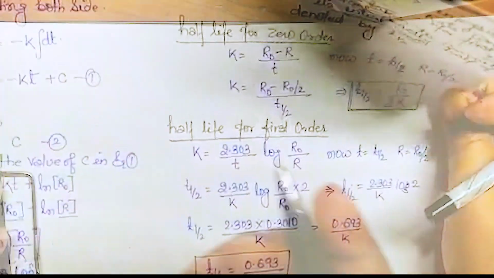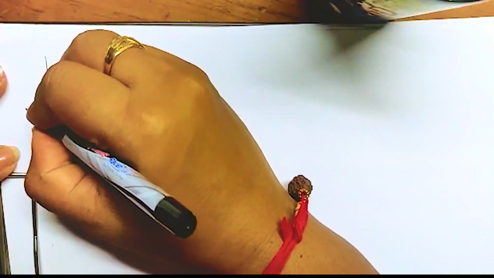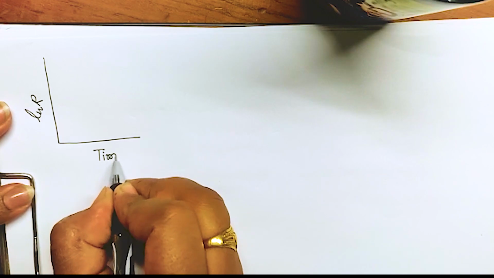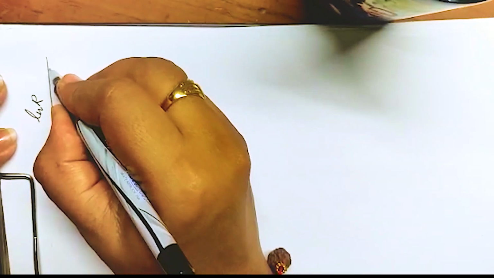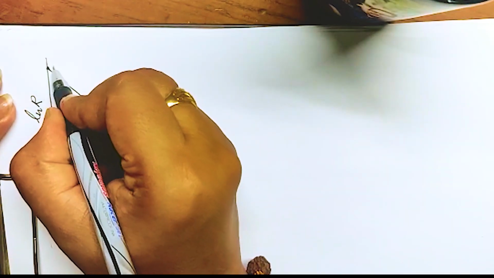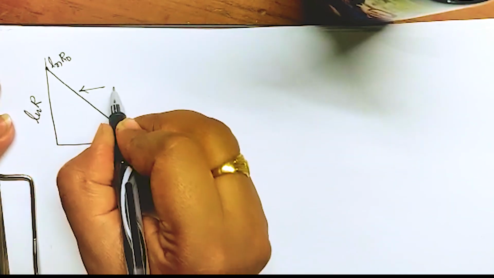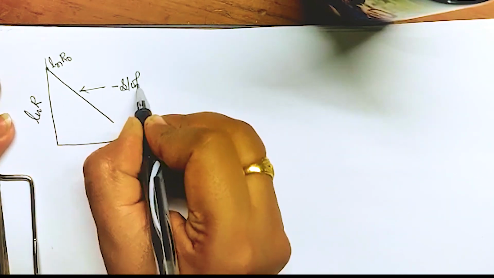If we plot a graph for first order reaction, this will be ln r against time. This will also give you a negative slope, but the only difference is that for the zero order it was r, the initial concentration. Here it will be ln r naught. The negative slope will give you the k value.